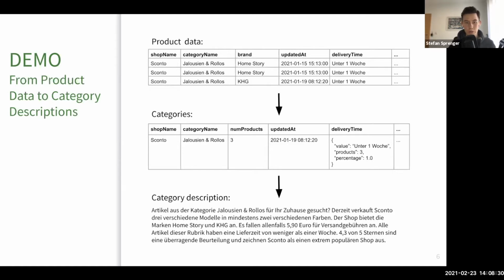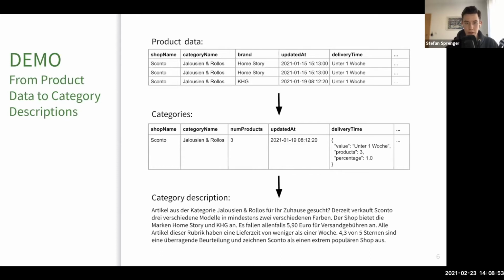And on the top, you can see an exemplary product data set. There are 3 different products in this example, featuring attributes such as the shop name, the category name, the brand of the product, information on delivery times, and also information on when the product has been updated the last time.